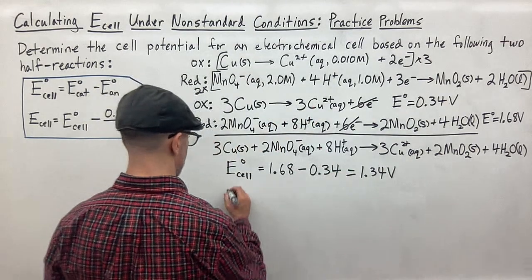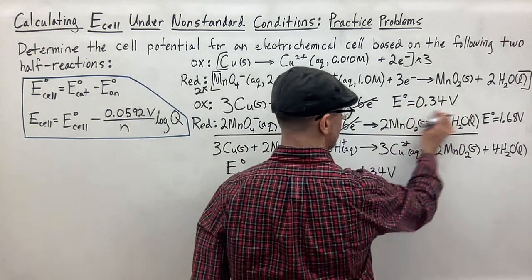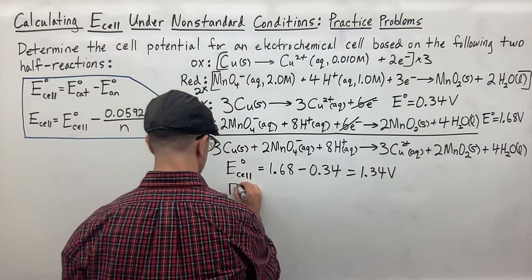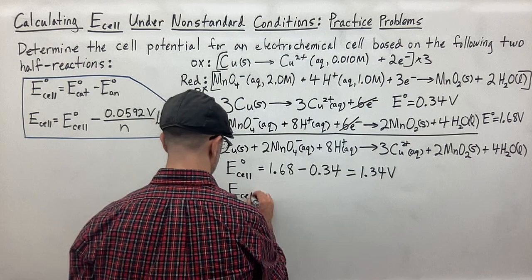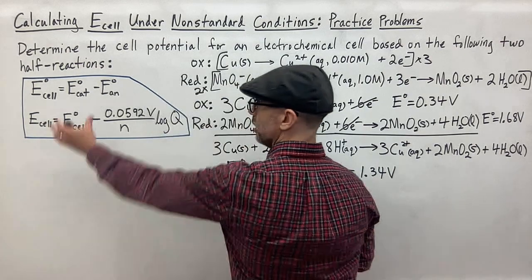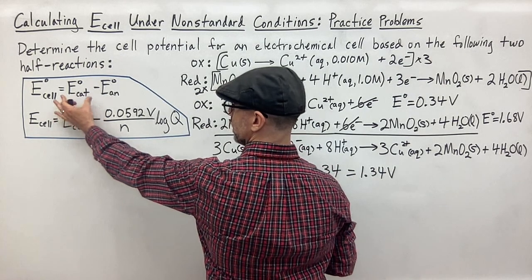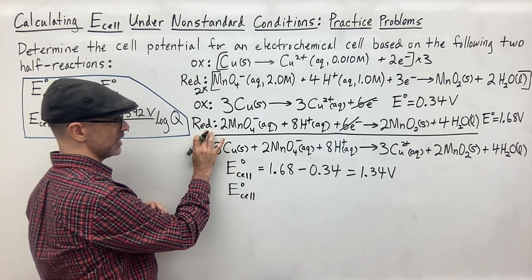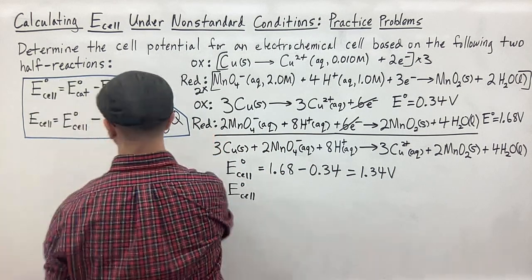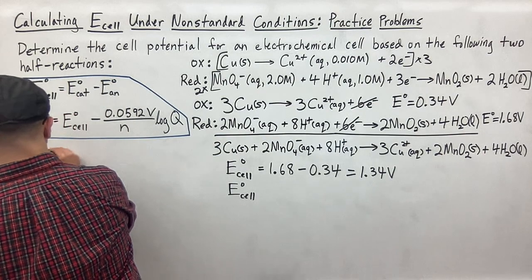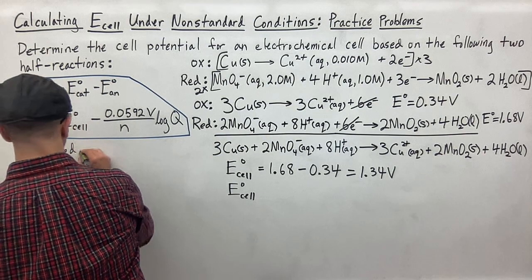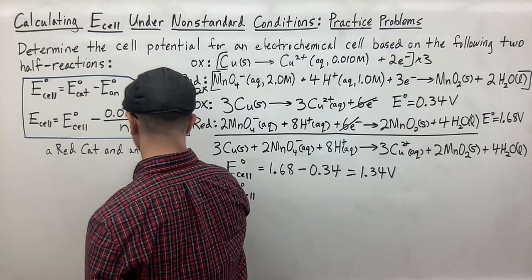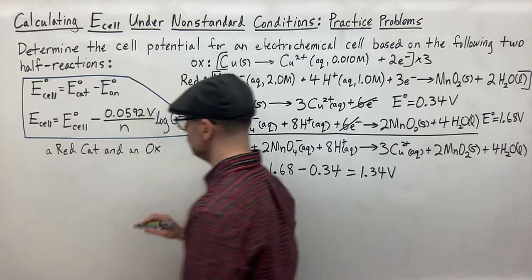So another way, if I don't change the sign and I use this equation here, then I just do E cell, the electrode potential at the cathode, that's reduction. So here we have reduction, that happens at the cathode. If you don't remember that, just remember a red cat and an ox.